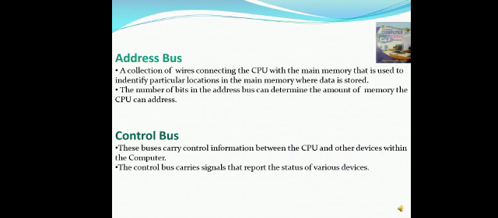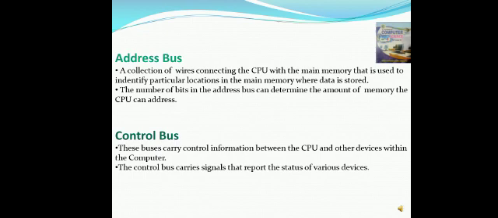Address bus, as the name shows, is about addresses. The wires connect the CPU with main memory to identify particular locations in the main memory where data is to be stored. Control bus, as the name shows, carries control information between the CPU and other devices.